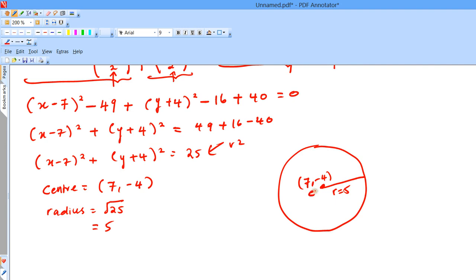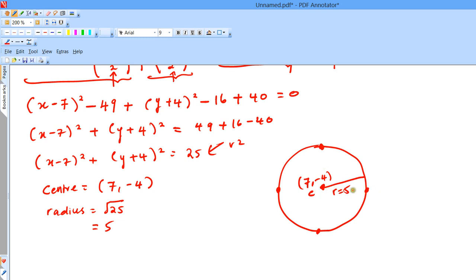This is C. You need to label, so we have four points here. These are the horizontal points.